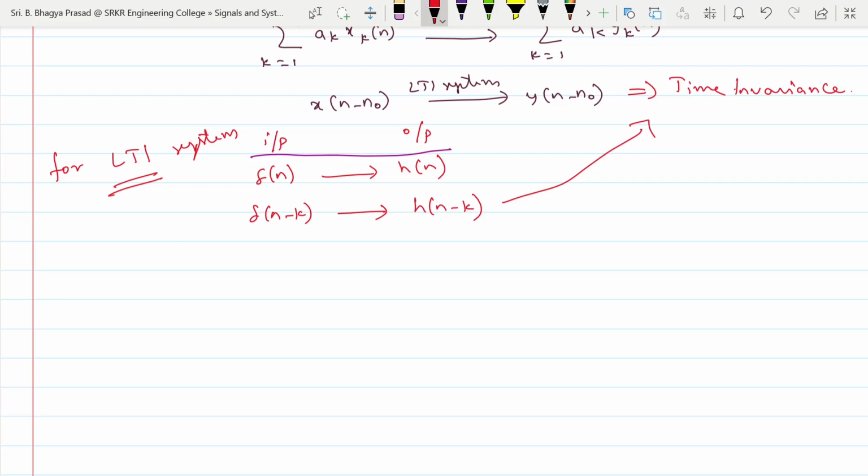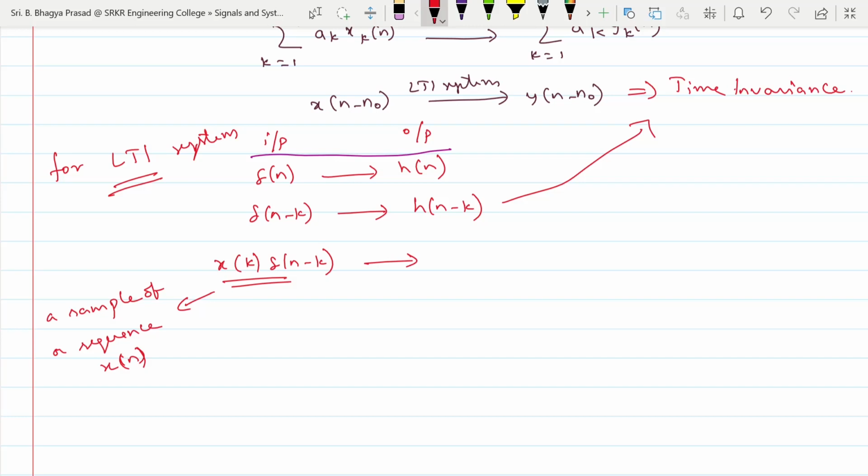Okay, so if I give an input x[k] δ[n minus k], that is a particular sample of a sequence x[n], I am giving a particular sample in a sequence x[n].